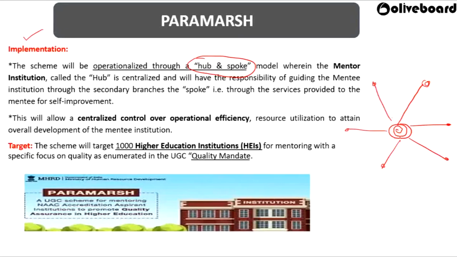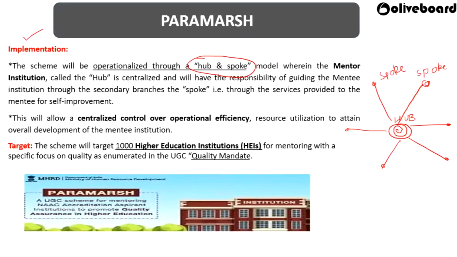So this big institution will be treated as a hub, and these are all spokes. Many colleges or institutions will be related with one institution. Similarly, the important institutions of our country will be connected with various other colleges throughout their states or the country. So this is a hub and spoke model.